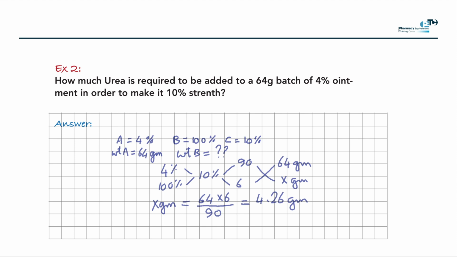Here 64 grams is the weight of A. So after that it becomes very easy to calculate this problem. A will be 4%, B will be 100%, C will be 10%, and the weight of A will be 64 grams. The final thing is the weight of B, which is needed.